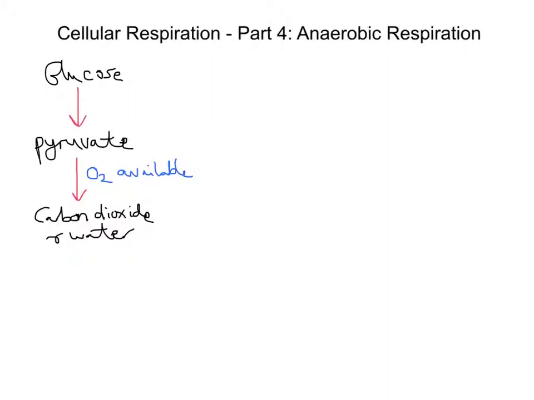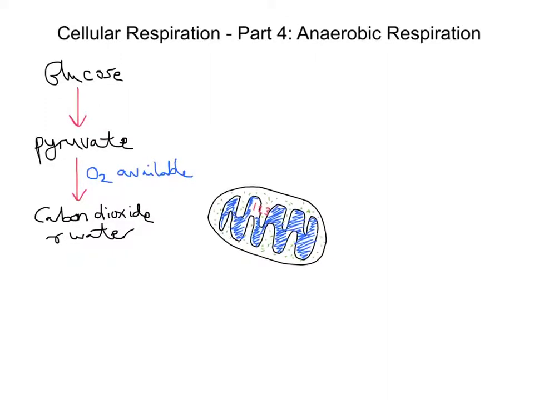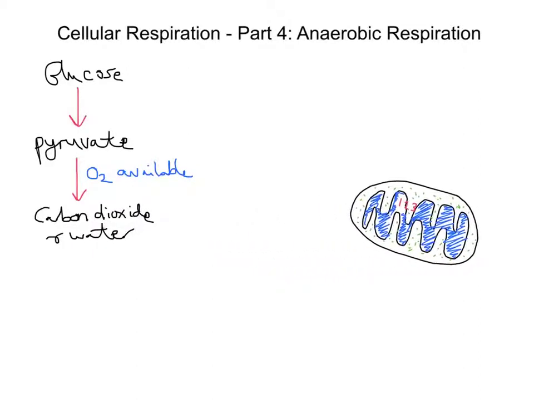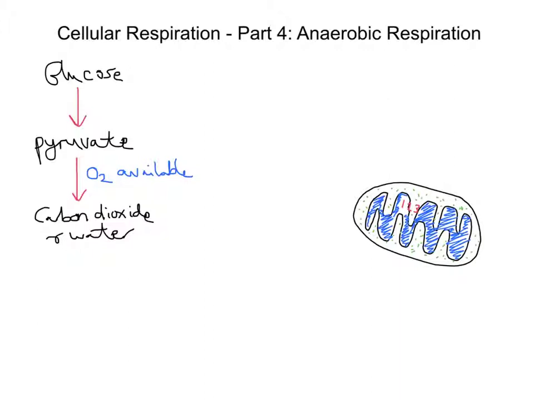If I just very quickly insert here a little picture of a mitochondria that I used in part 3 of my videos. This here, where I've said O2 is available, that would happen here, where I've shaded it in blue, or where I've got the number 1 on this diagram. That happens in the matrix of the mitochondria.